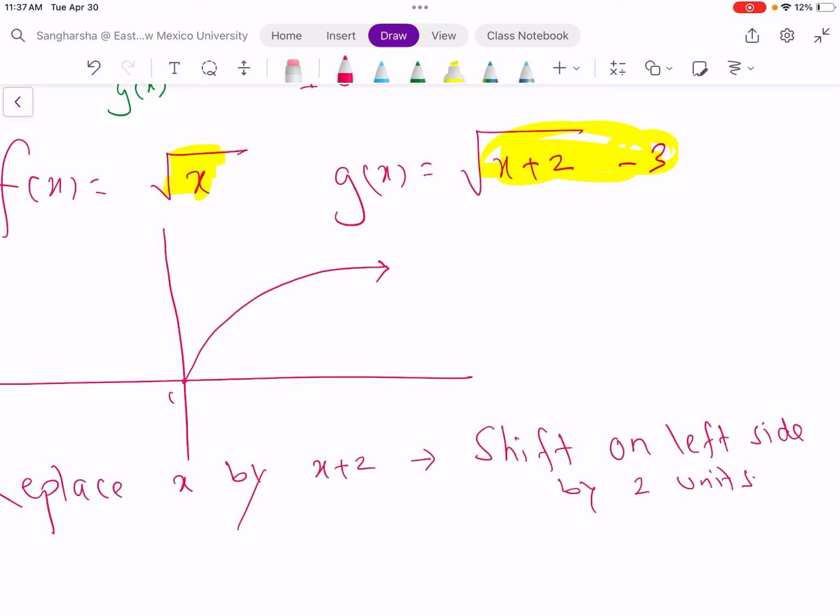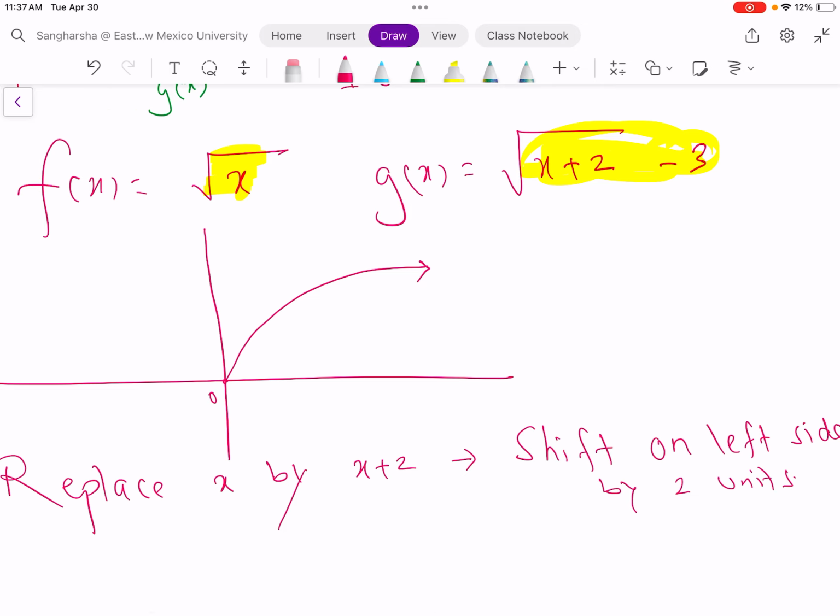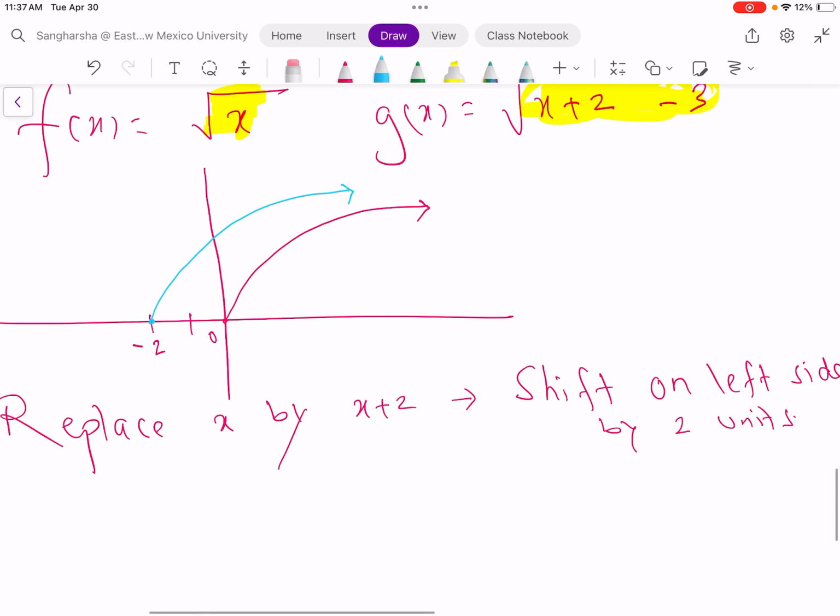This is 0. Now left by 2, so negative 1, negative 2. So this is negative 2. So we're going to draw the similar graph starting from negative 2. So our f of x becomes, after replacing x by x plus 2, this is what it becomes.